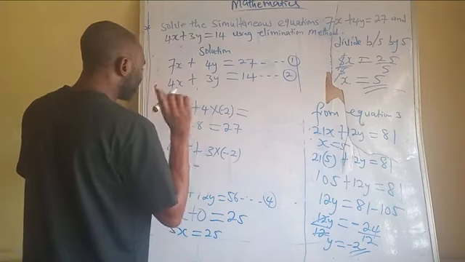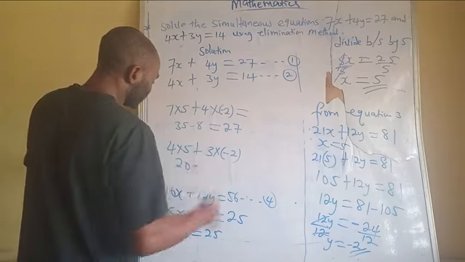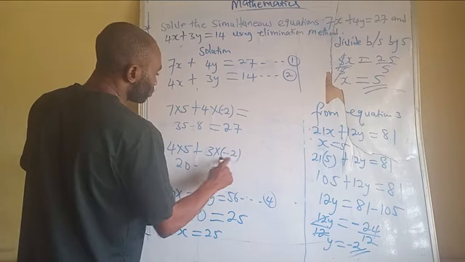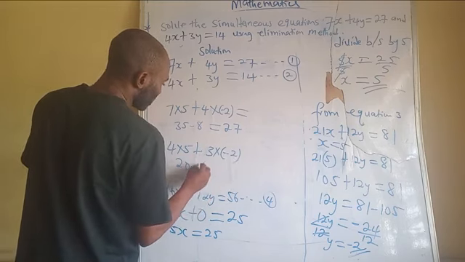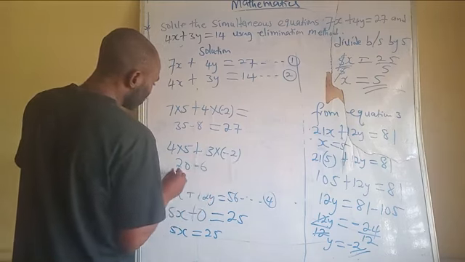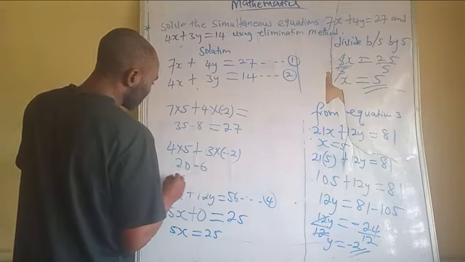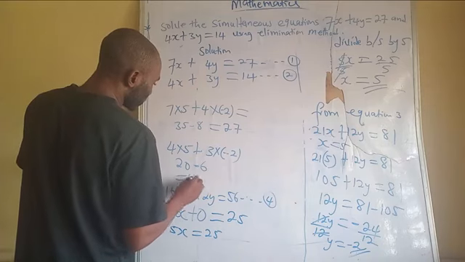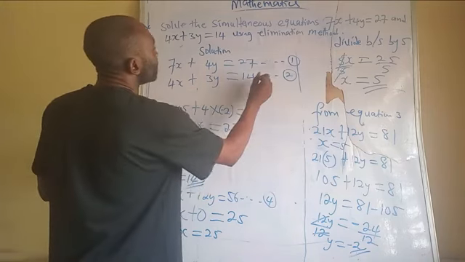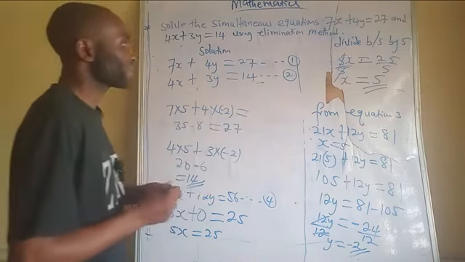Plus times minus is minus. So 3 times 2 will give us 6, and 20 minus 6 is 14. So which means we are correct.